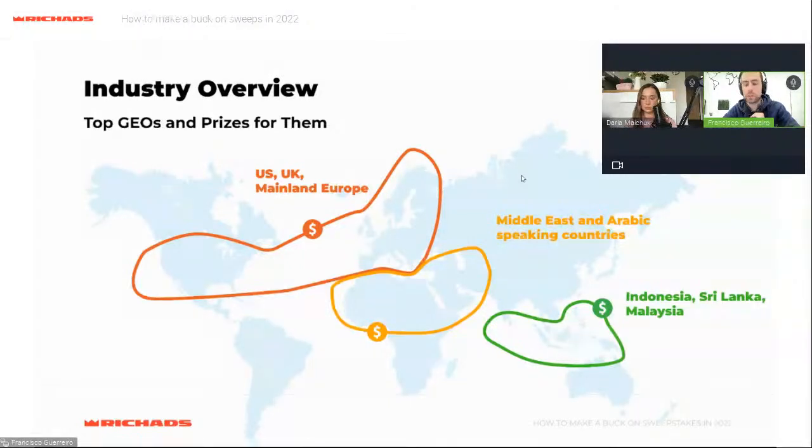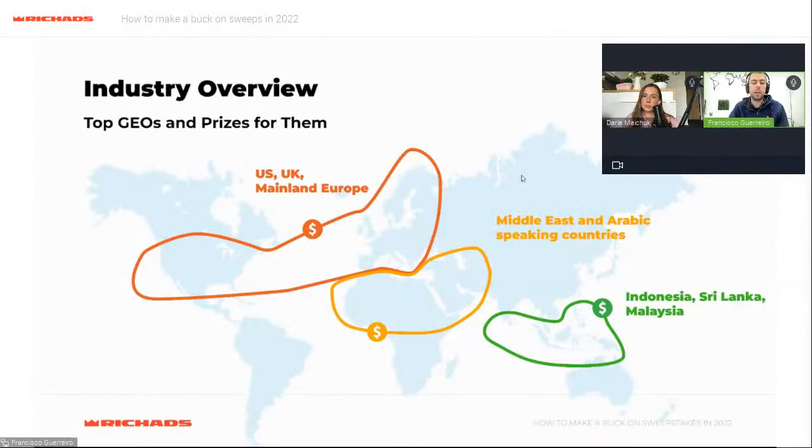The cost of the traffic is not so high, but the prices are quite good, especially in oil economies like Emirates, Saudi Arabia, Qatar, Kuwait. Their traffic is not as expensive as tier one, like in Europe, but because they are oil economies, the prices of the offers, the payouts, are still relatively high. So these countries, in the last year and a half, have been doing really good in this sweepstakes vertical.